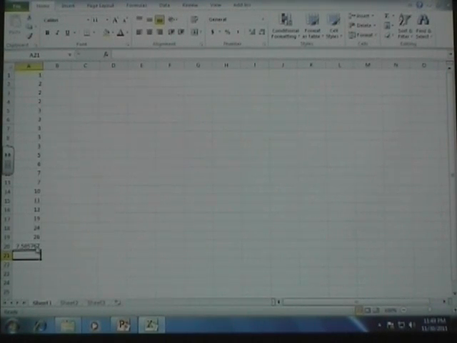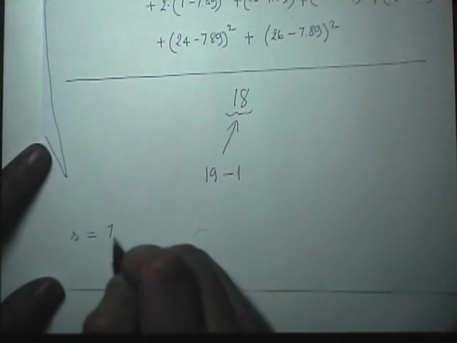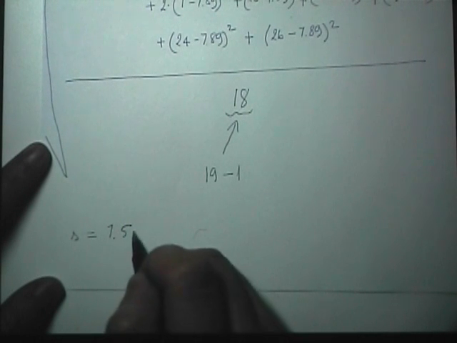Okay. So Microsoft Excel got it done quickly, but the point is, if you just keep following with this formula right here, and after all the long work, yes, you will also end up with 7.58. I mean, rounding it up, it's going to be 7.59.